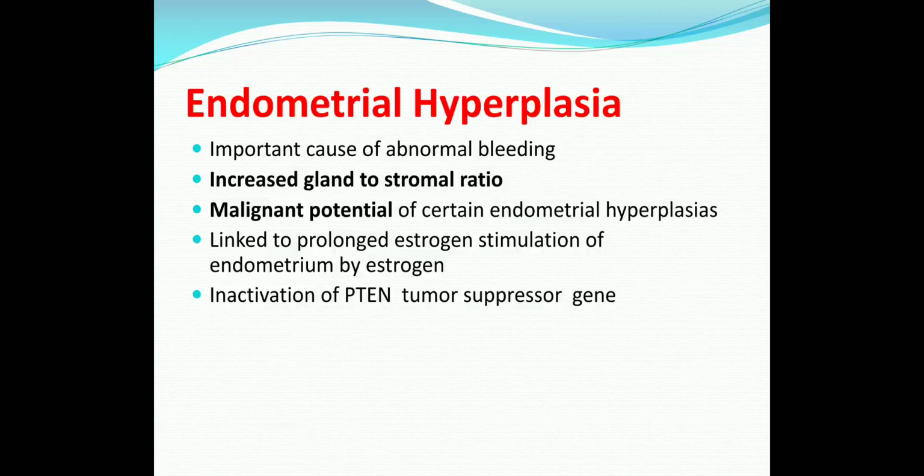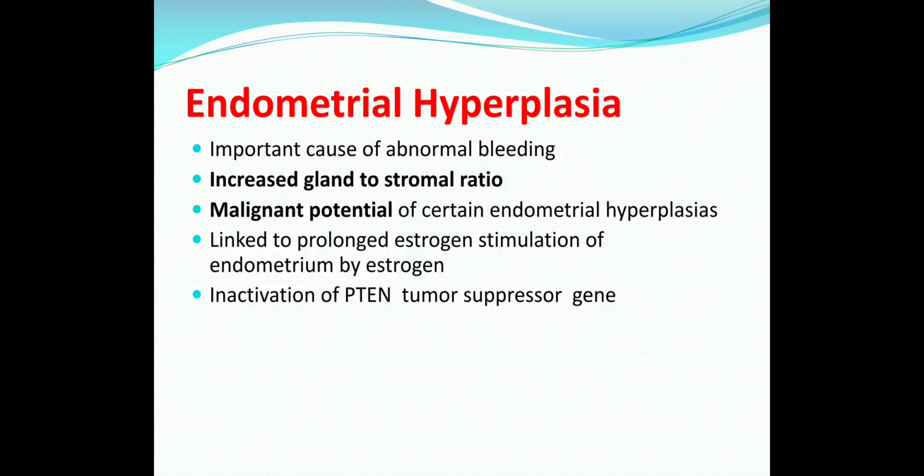Malignant potential is there in certain endometrial hyperplasias. There is a subdivision of these endometrial hyperplasias, and some of them have a high risk of malignancy. What is the risk factor for this hyperplasia? Why is it happening? The pathogenesis is basically estrogen stimulation.